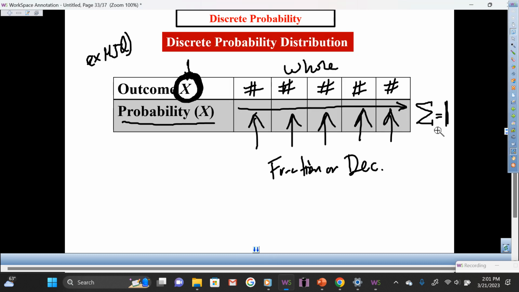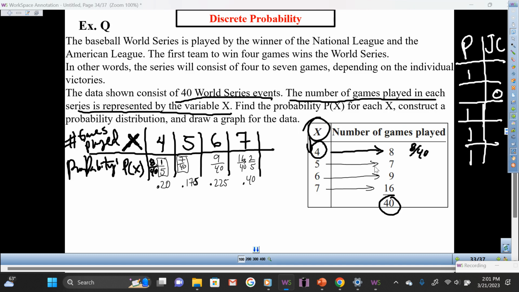How can we tell if that is a discrete probability distribution? Tell your neighbor, talk it over to your neighbor. How can we tell this is a discrete probability distribution? All right. How can we tell? Mel. It's not infinite. That's 1.